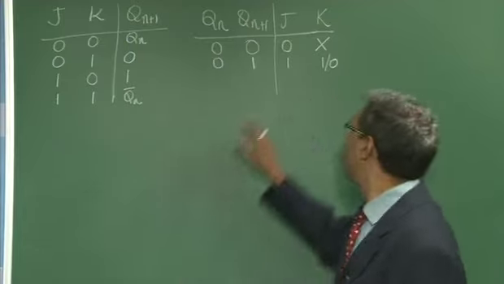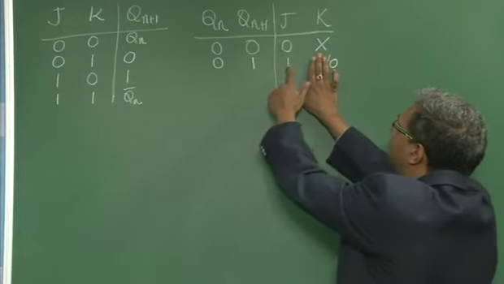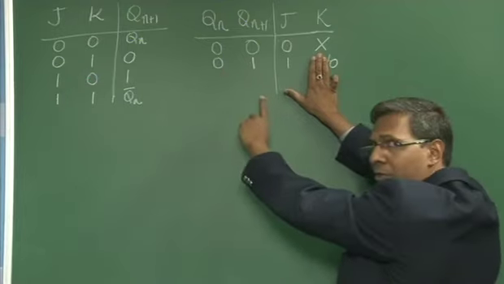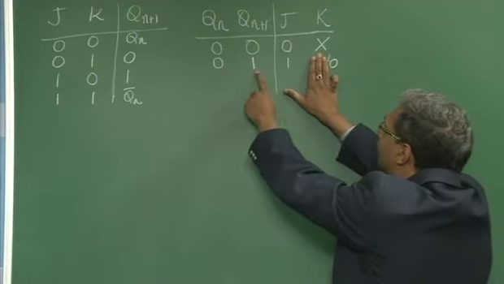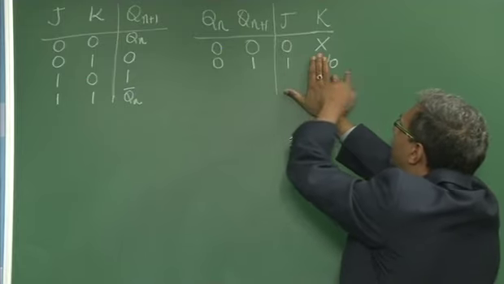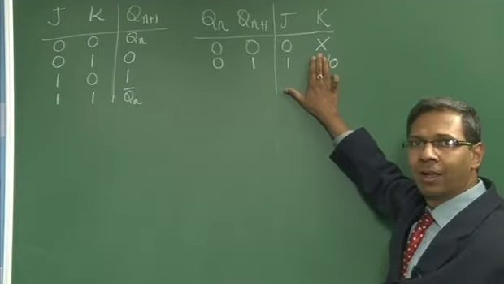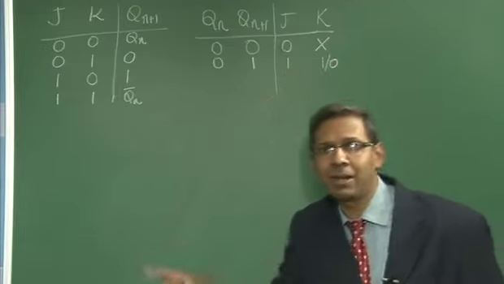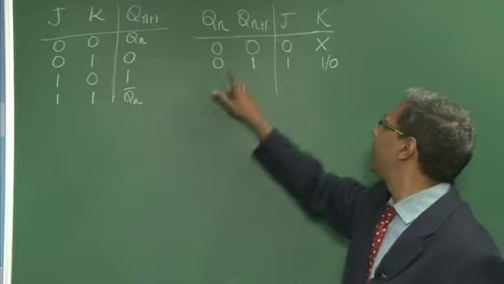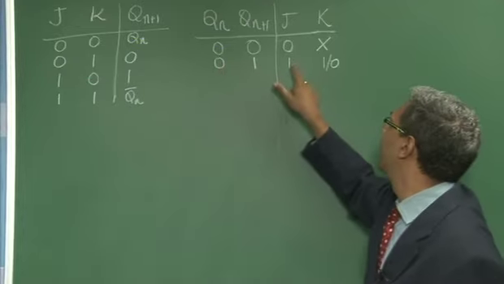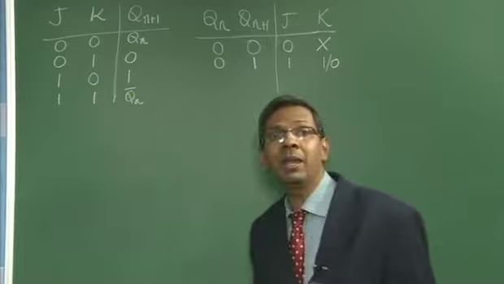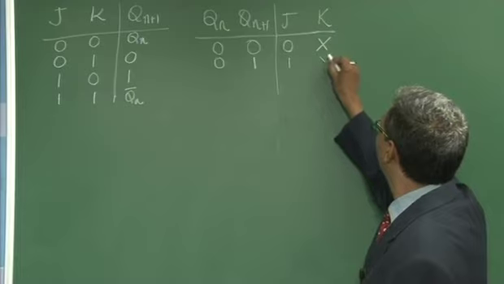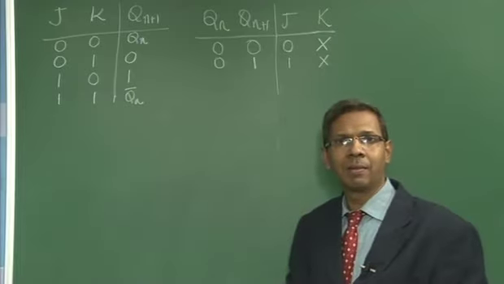Look at this scenario: J is 1, K is 0. Irrespective of what the previous output was, when the clock comes, it sees that J is 1 and K is 0, and it will set the output. So the actual input possibilities for a transition of the output from 0 to 1 are J is 1 and K is don't care. It can either be 1 or 0, so I can call it 1 and x.